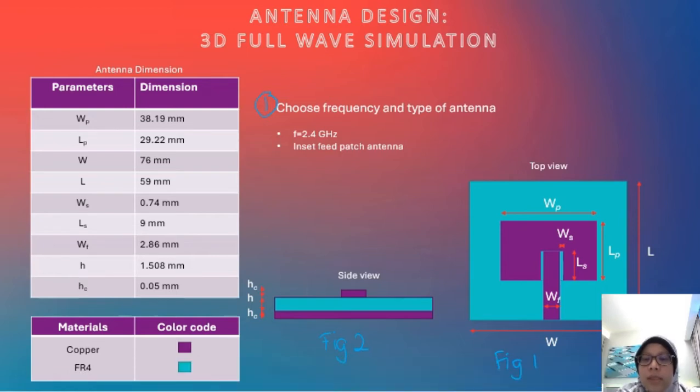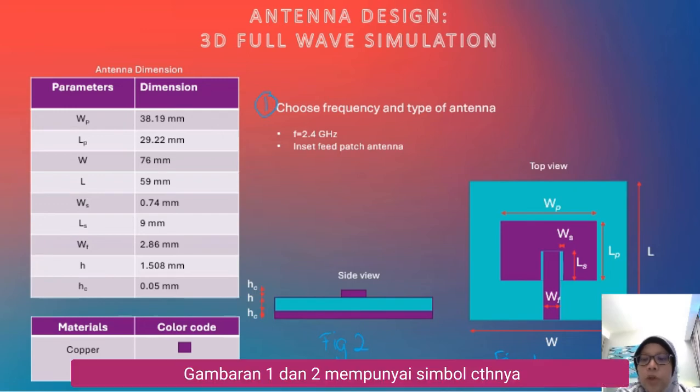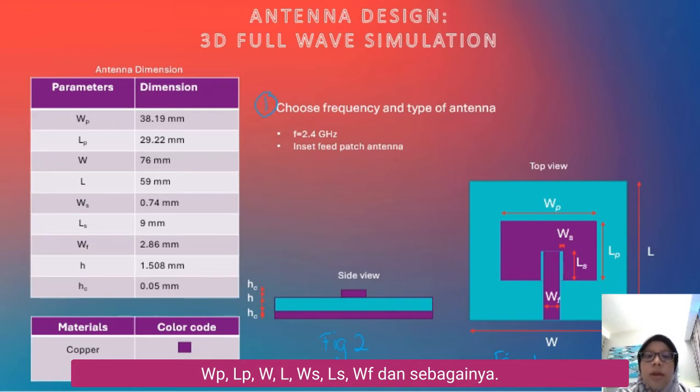And as you can see, each of the structures has a symbol which is W, L, WP, WS, LS, LP, WF, HC, H, and so on. So this represents the dimensions which are already calculated using theoretical analysis.